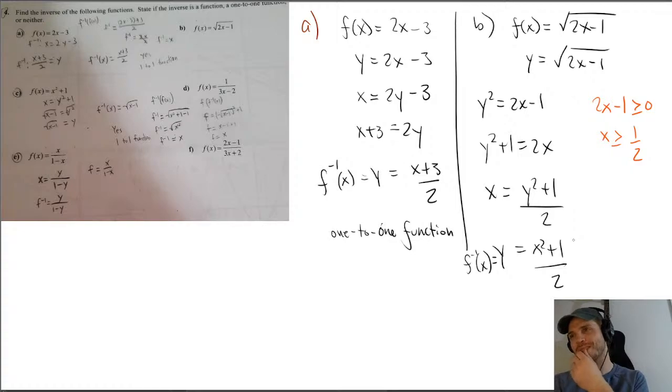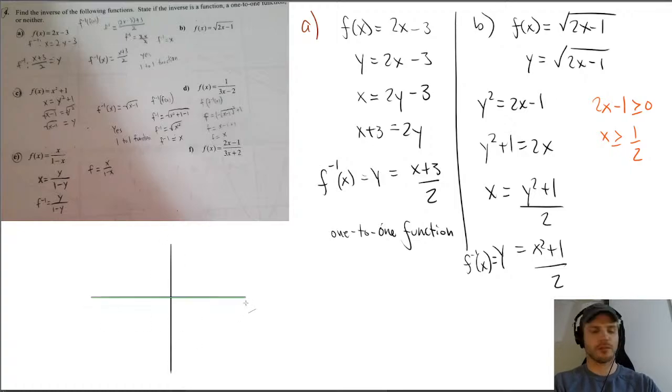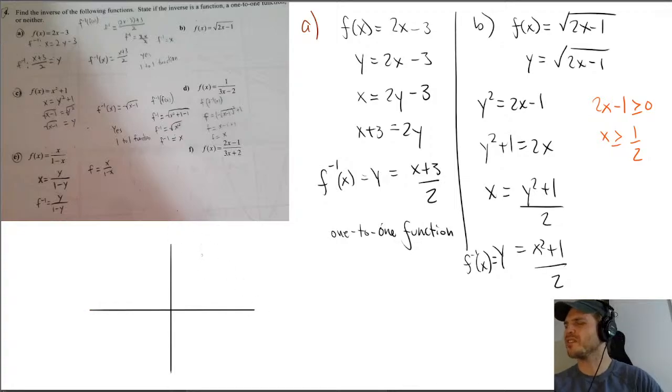Just to sketch this out for you, we're going to have this here, and then 2x minus 1 is going to give us a shift, so this is like 1/2.